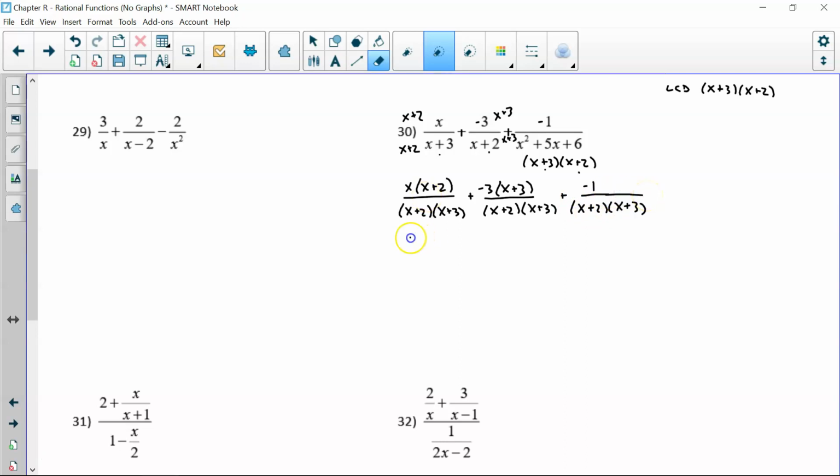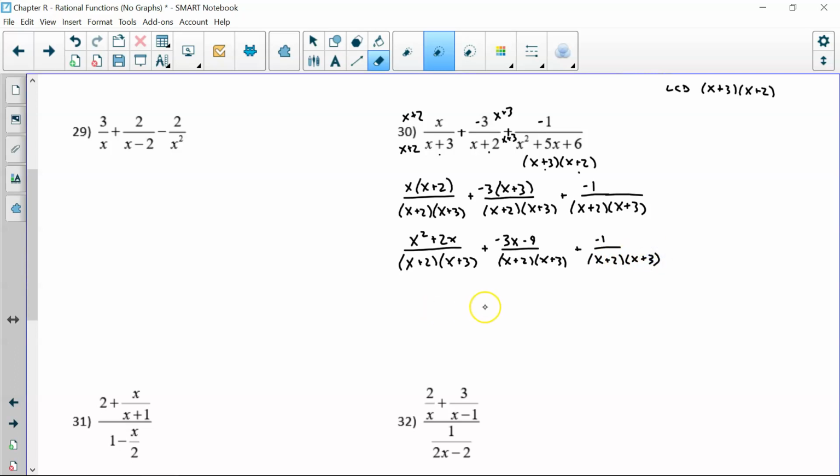I distribute: x squared plus 2x over x plus 2, x plus 3, plus negative 3x minus 9 over x plus 2, x plus 3, plus negative 1 over x plus 2, x plus 3.